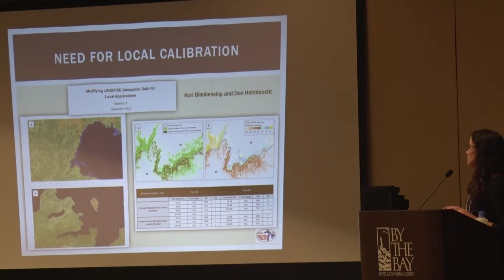This document, Modifying LANDFIRE Geospatial Data for Local Applications, is an amazing guide. It's really long, it looks really scary at first, but it goes through every single LANDFIRE data set, a little bit about the background so you understand what it is, and then why you might want to modify it, and then how to do so. And it is great. Corey Blankenship and Don Helmbrecht are masters at this.